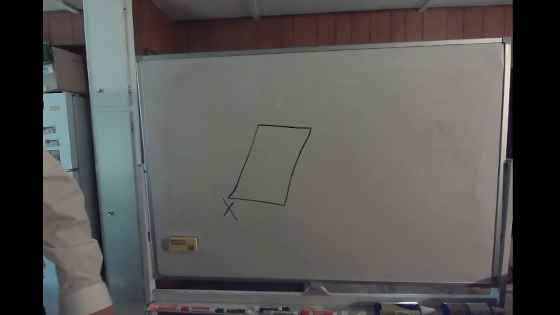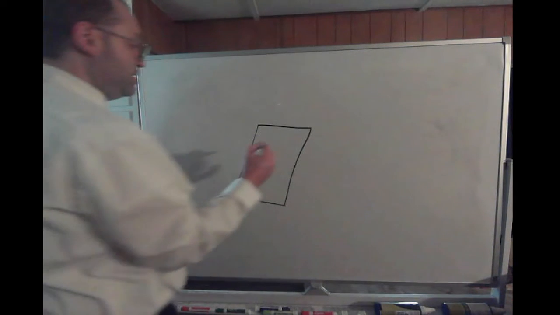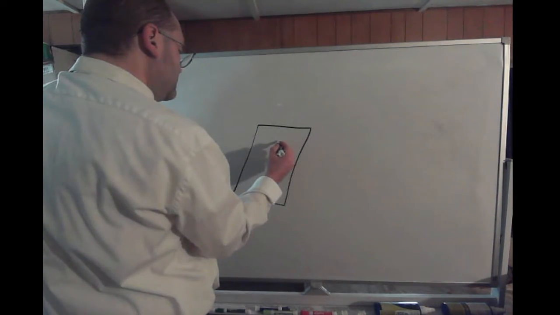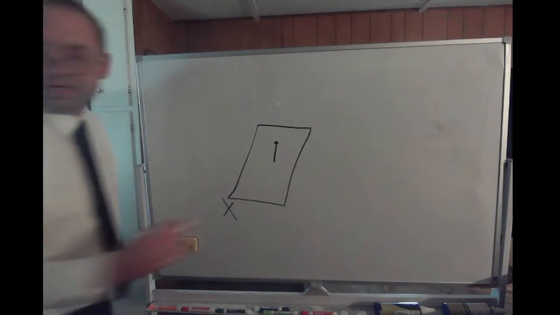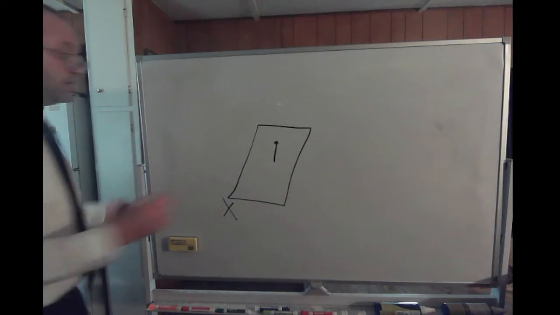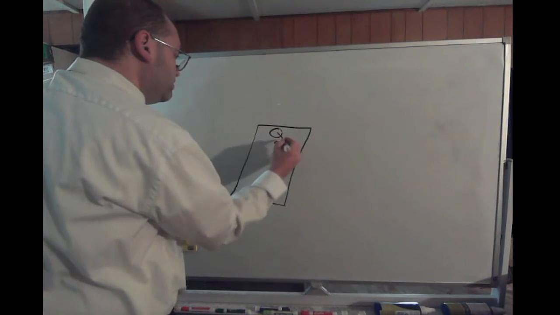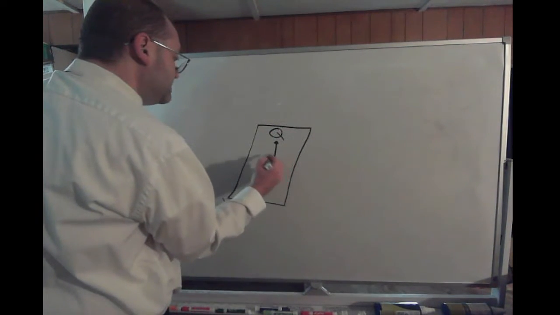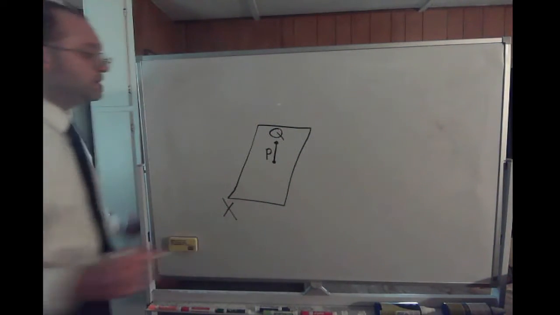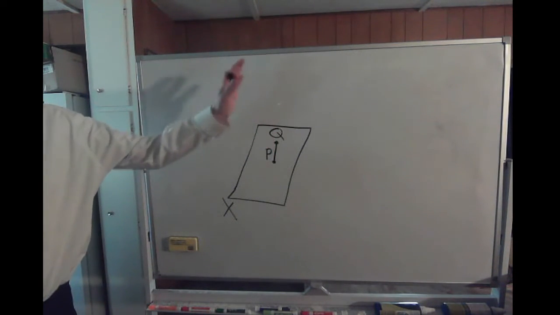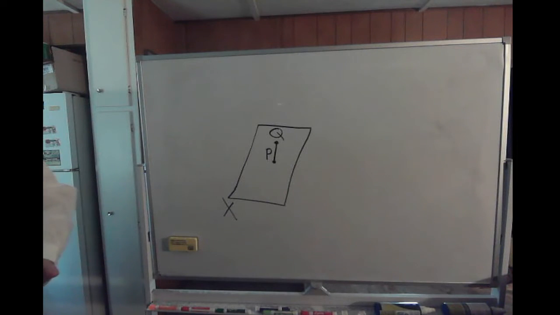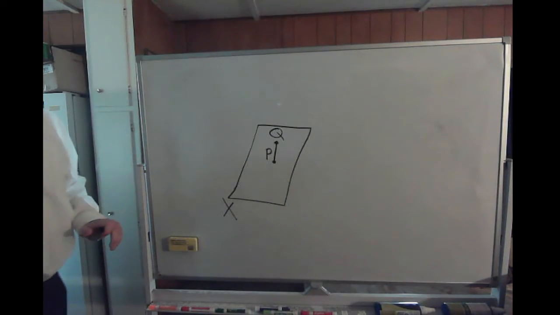Now, since this is solid here, this is going to be point Q. This will be point P. Since this is solid, this will be a line above the plane. I know the drawings can get a bit funky.